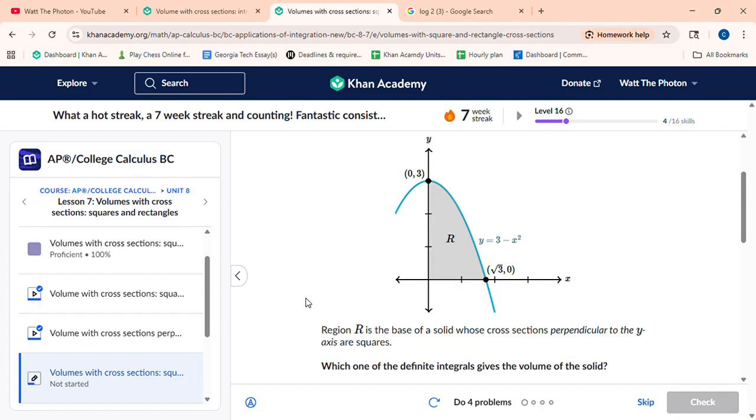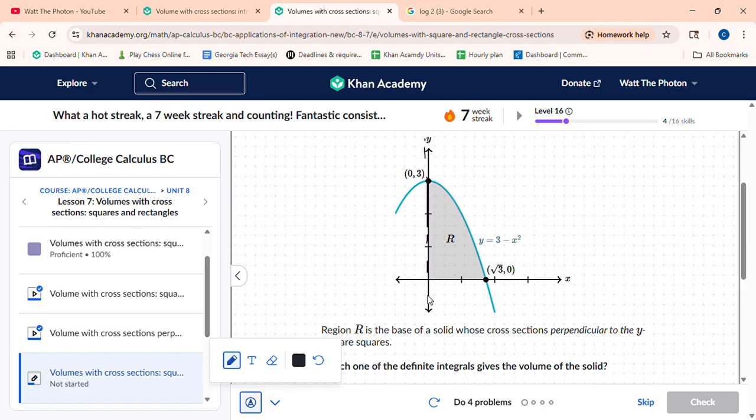Okay, so we're going to have the y-axis, that's right here. So we're going to have x equal 0. So we have to get this function as x. So we have y minus 3 times, we'll get x squared.